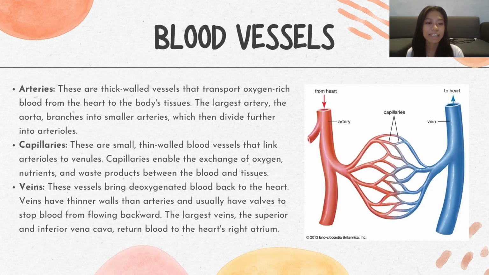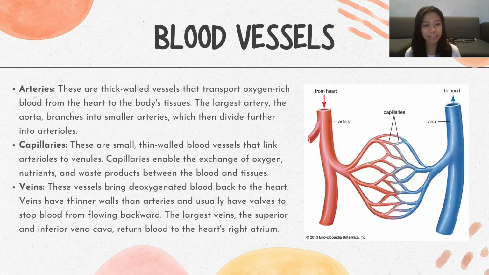Okay, and then next is we have our blood vessels. So kaning blood vessels, it composes of three. So we have our arteries, capillaries, and veins. So kani atong artery, mao ni siya ang katong mga thick-walled vessels na mag-carry ang oxygen-rich nga blood away sa atong heart padulong sa ato ang body tissue.